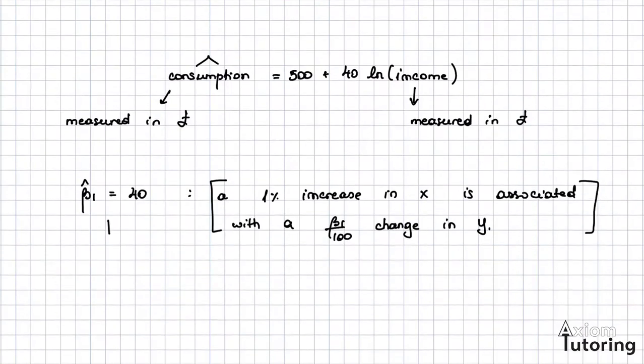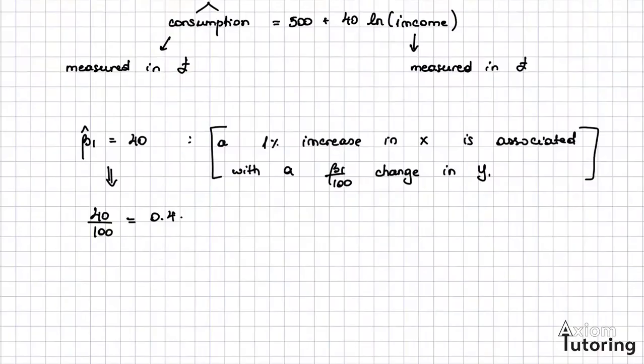In our case, based on the 40 that we have, it's 40 divided by 100, so 0.4.